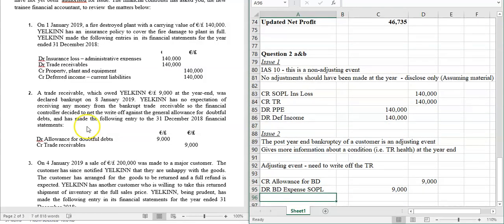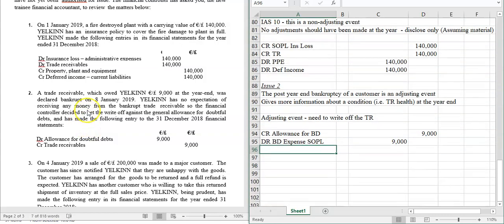So that's the rule, and that's a clear, explicit example in IAS 10 as well. The post-year end bankruptcy, or for example, the post-year end sale of inventory at a price lower than cost, that's also indicative that inventory is written down at the year end. So they're two very popular examples you'll see in a lot of exam questions as well. It's an adjusting event. It gives you more information about the state of that asset, be it inventory or trade receivables, at the year end.